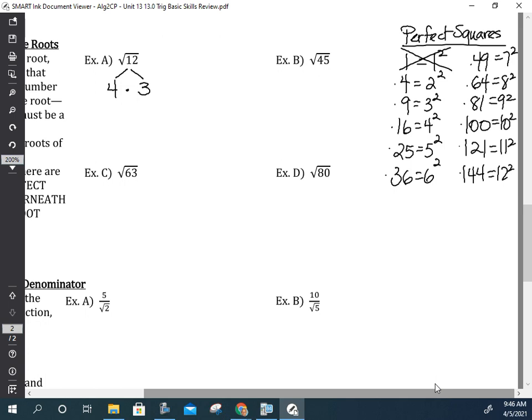Once you figure out what the 2 numbers are, then you take the square root.